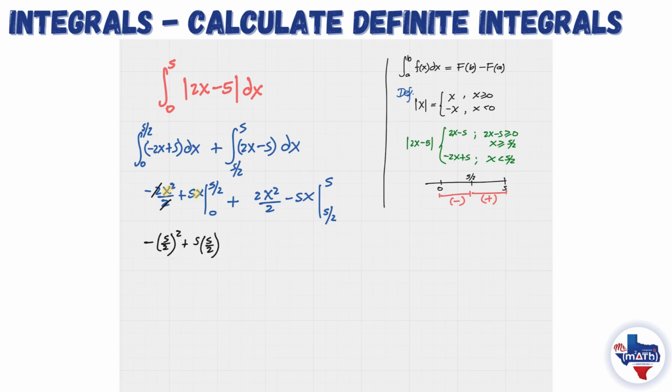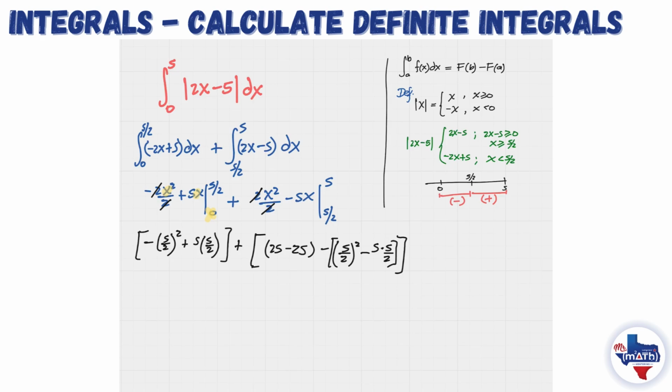Every one of these terms has an x, so the evaluation at 0 will disappear and not give us any value. The same happens with the second integral at 0. So I will have 5 squared, which is 25, minus 5 halves squared, minus 5 times 5 over 2.